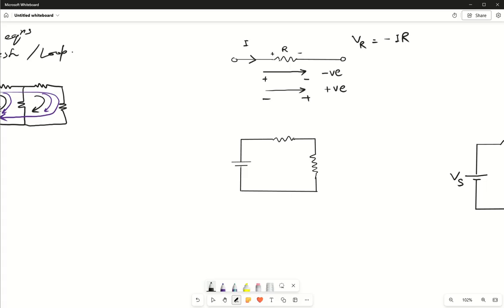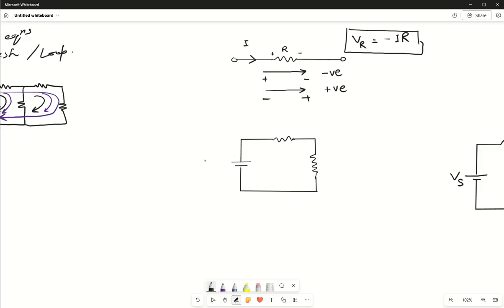Because it is flowing from positive to negative. So along the current direction, the voltage drop across any resistance we come across will always be negative.